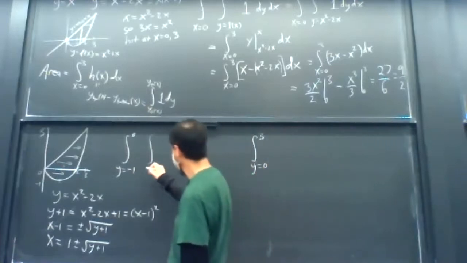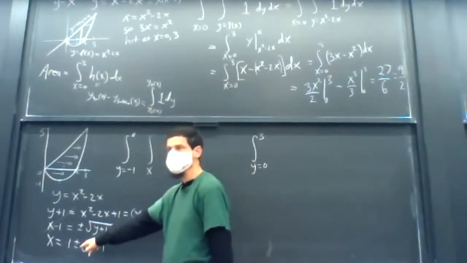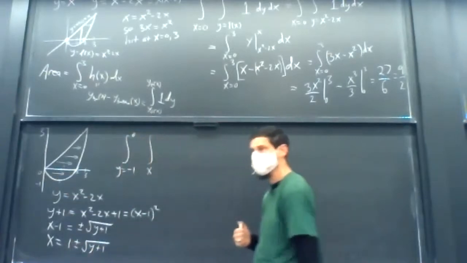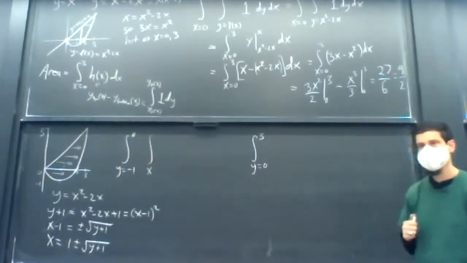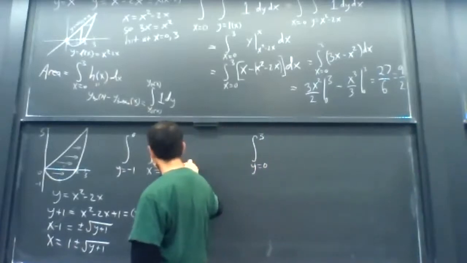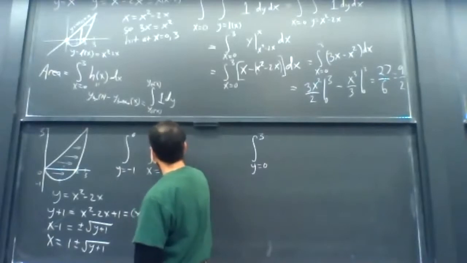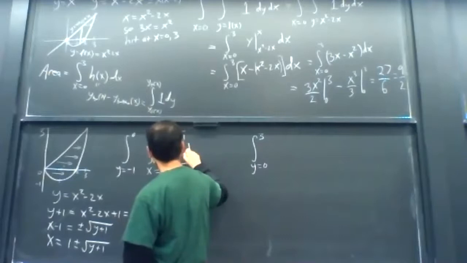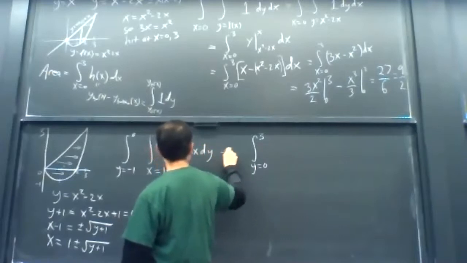So I would then have this, which is going to be the bottom, which is going to be the left, the negative or the positive? The negative. So it would be x equals 1 minus the square root of y plus 1 to 1 plus the square root of y plus 1 dx dy.